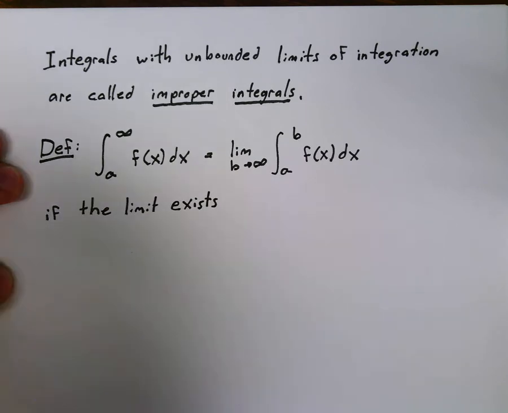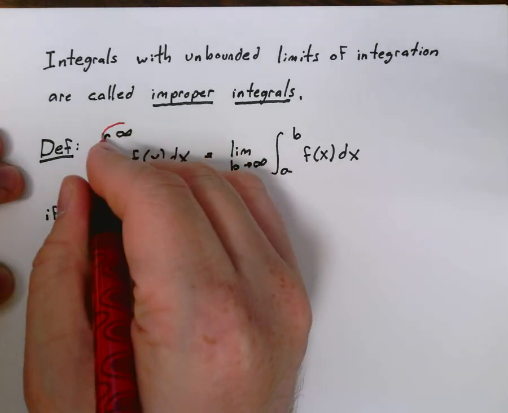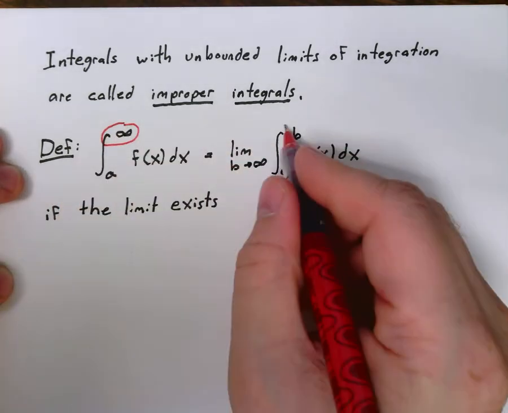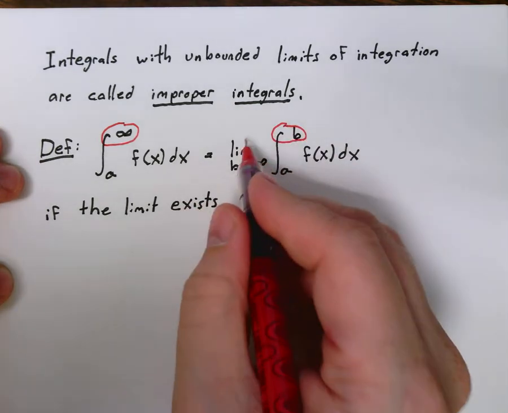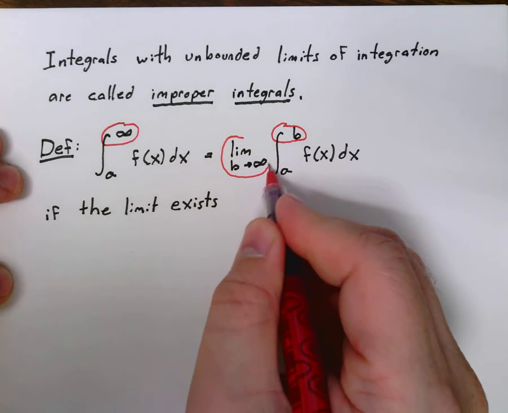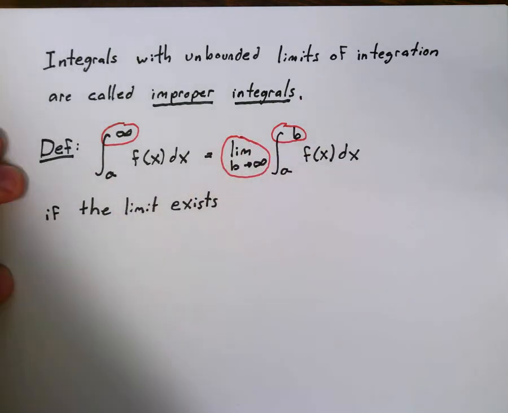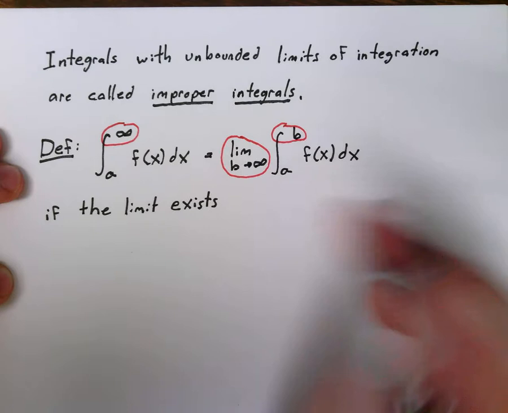So what happens is that if you ever see infinity, what you're going to do is turn it into something like b. Just say, okay, let's see what happens at b, and then take that limit to infinity. Now, if that limit exists, then we have another word.